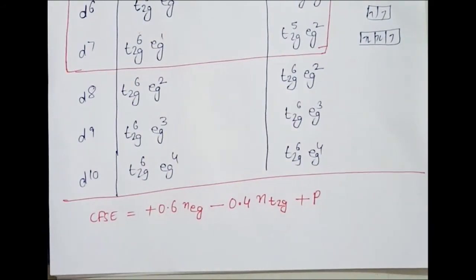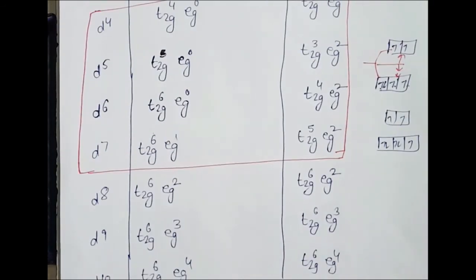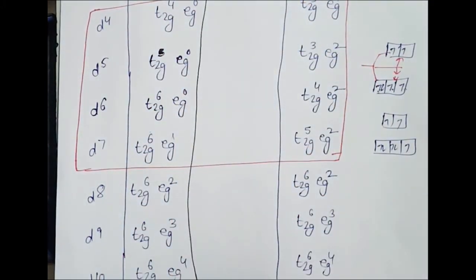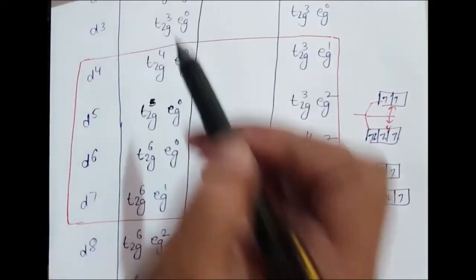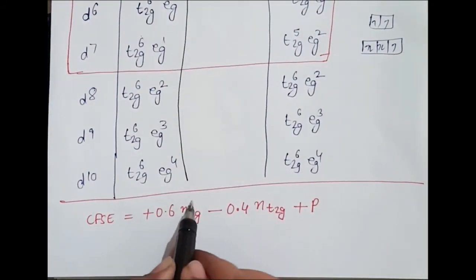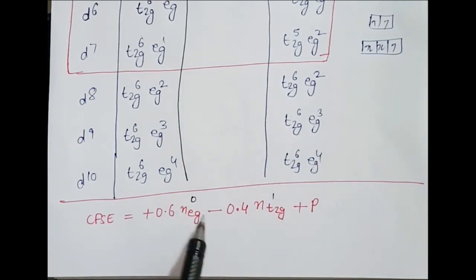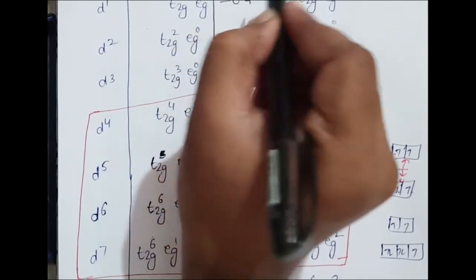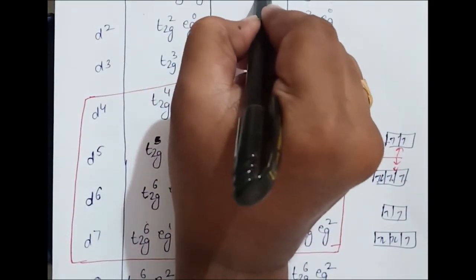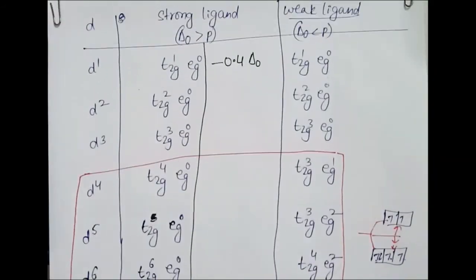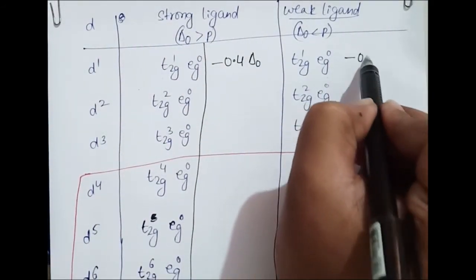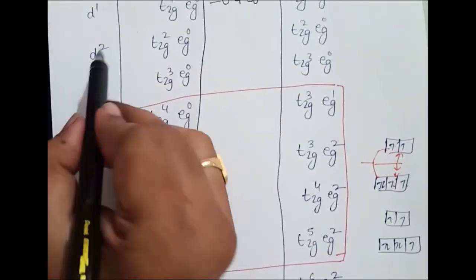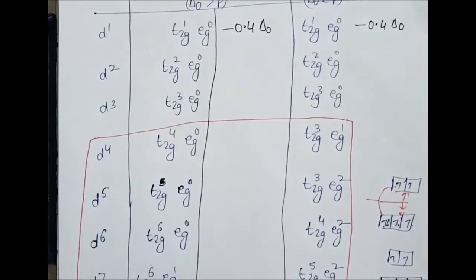So let us apply this formula for each case. You keep it in mind. First, T2G1 Eg0. In the place of Eg you put 0, and T2G1, what will come? It is minus 0.4. There is no pairing of electrons, and the unit is del O. So the crystal field splitting energy is minus 0.4 del O, and here also minus 0.4 del O. Now D2 means T2G2 Eg0.